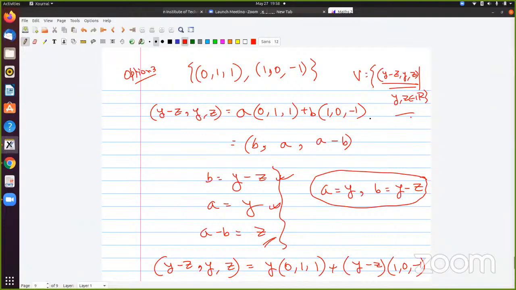So this set (0, 1, 1) and (1, 0, -1) spans V, is it correct? I mean, is it clear to everyone? Yes, sir. Sir, we can prove it the other way, by simple addition, then check whether the condition is fulfilled or not.